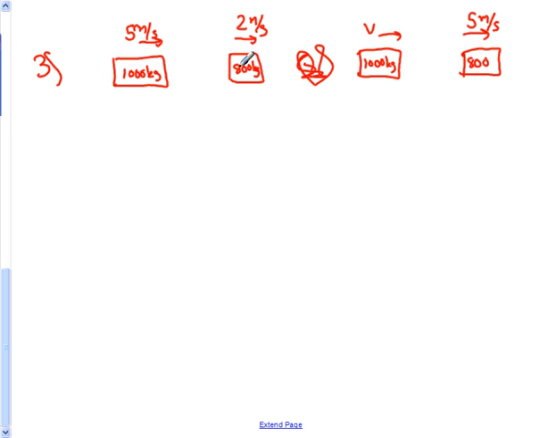So if we do momentum before and after, we notice that this has got momentum and this has got momentum. So we have mass times velocity here, mass times velocity here. Now these are not the same masses, and they're not the same velocities.